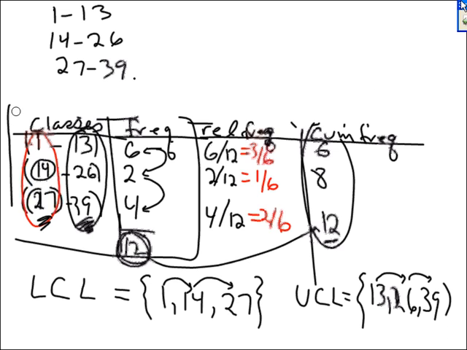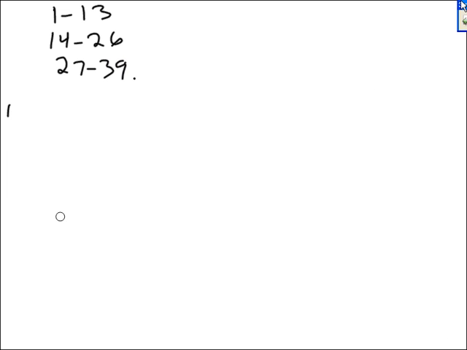And the question is to find the class boundaries. Before you can have any prayer of getting the right answer, you need to know your vocabulary. You need to know what it means to be a class boundary. And it's the midpoint of all the gaps.